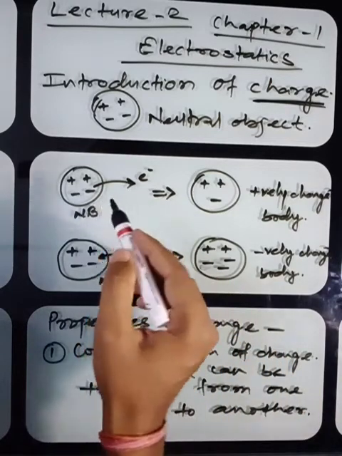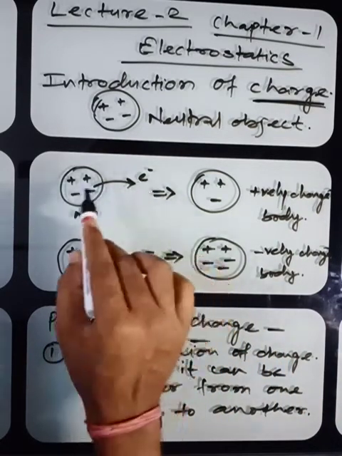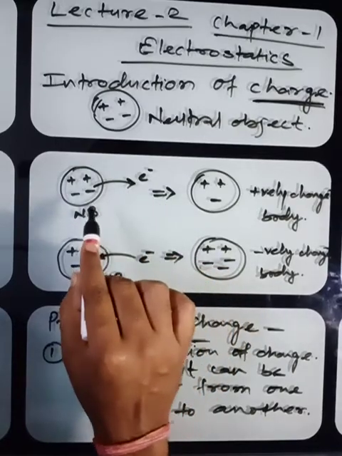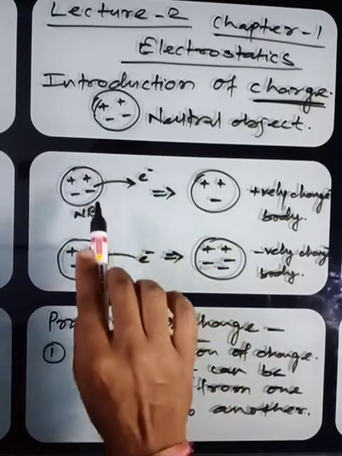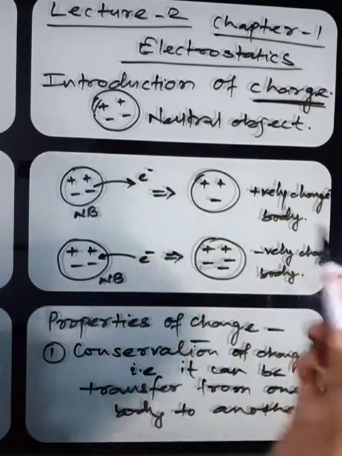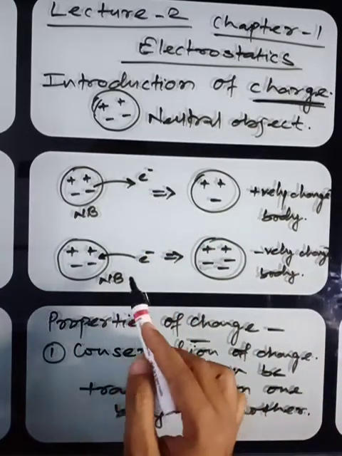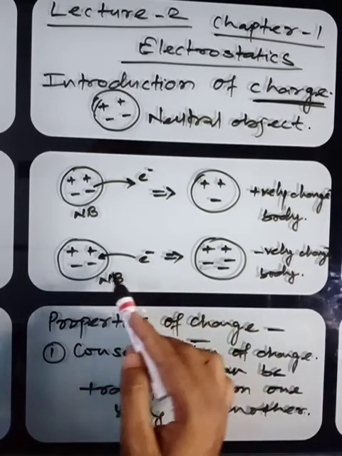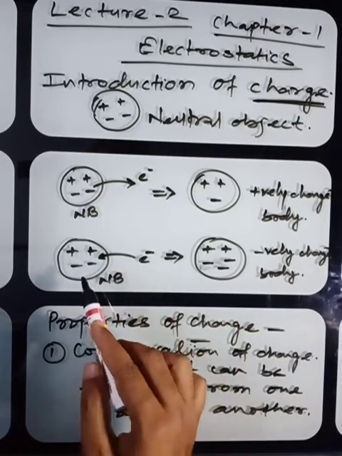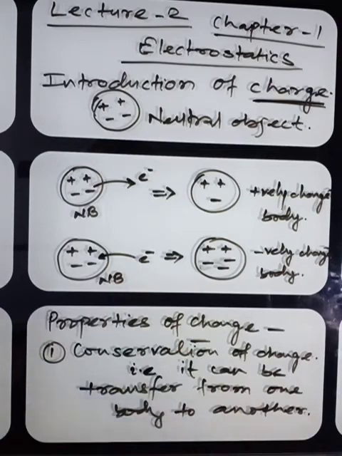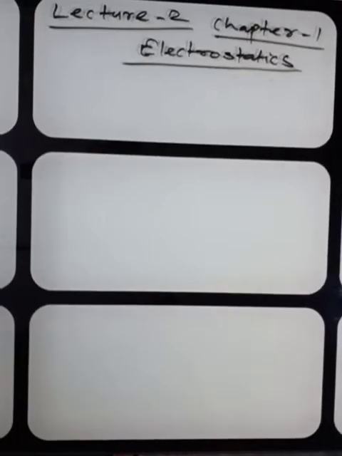Here we have transferred this electron, but this electron is not in air actually. By any means or method, this electron has gone to some other body. Here we are getting electron. Again, we are getting electron to this body by any means or method.